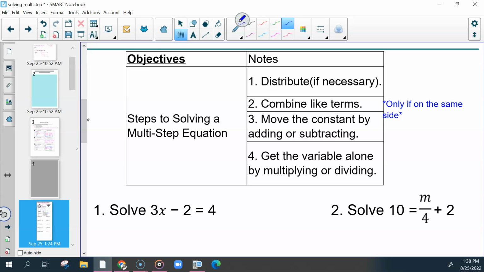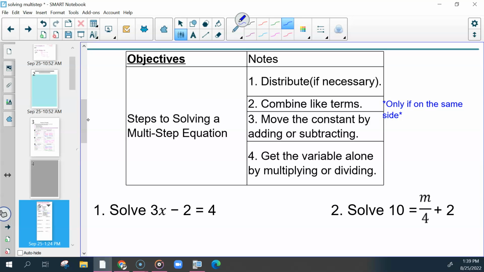If they have parentheses, you're going to be distributing something. If they don't, move on to the next step. If they have like terms, so same things with multiple things with the same variable, or multiple things without a variable, those would be like terms, but on the same side for now. We'll talk about different sides here in a second.